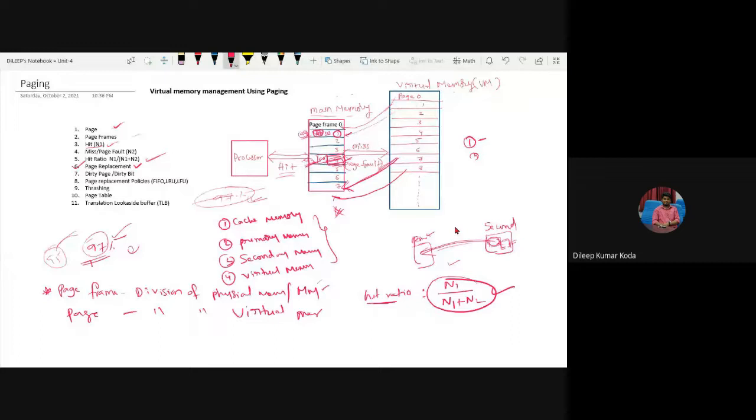Okay, let's have a look here. For example, this page number 3 is stored in page frame number 3, let's say. The moment all the main memory page frames are filled, that means there is no empty space here, you need to perform a page replacement, and you have to replace page frame number 3.